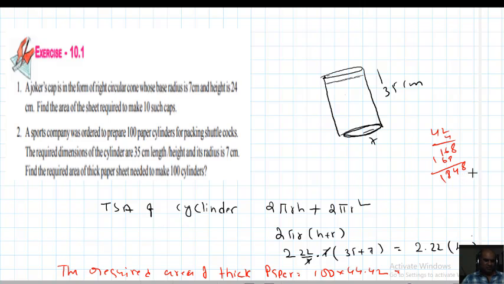So what I got, 1848, so 184800 square centimeters. So this is the area of the required paper.